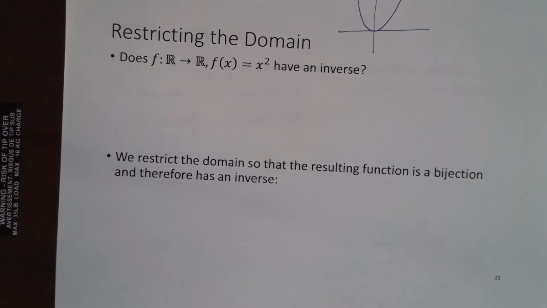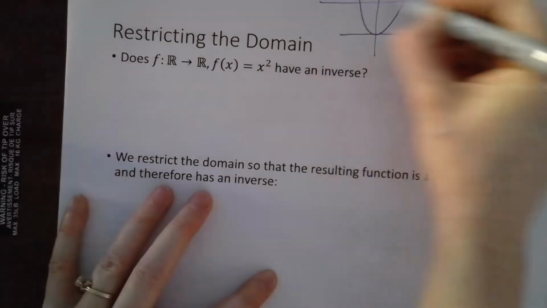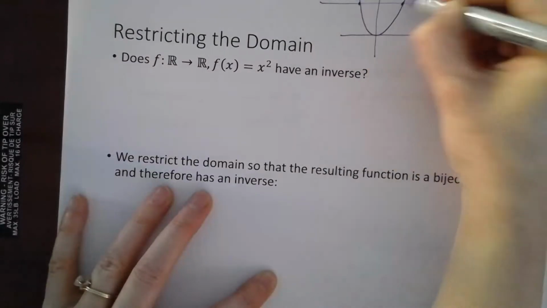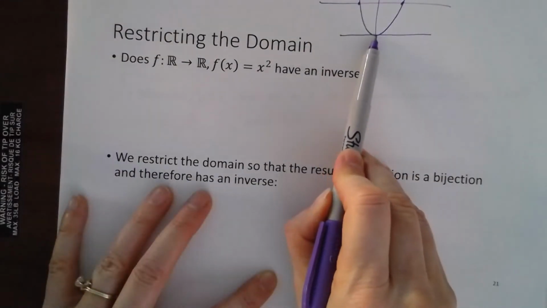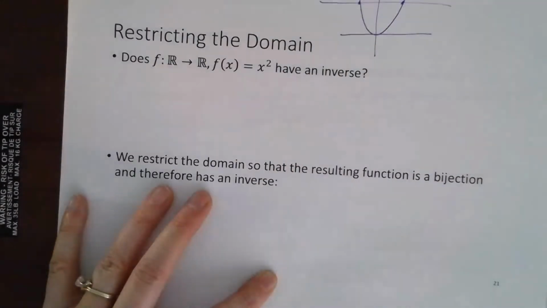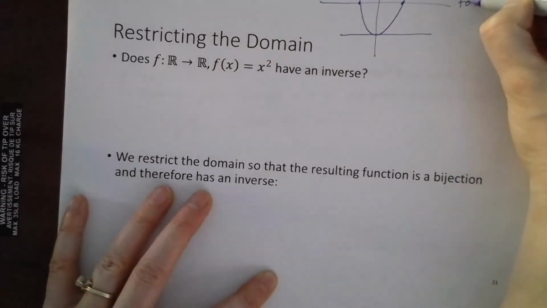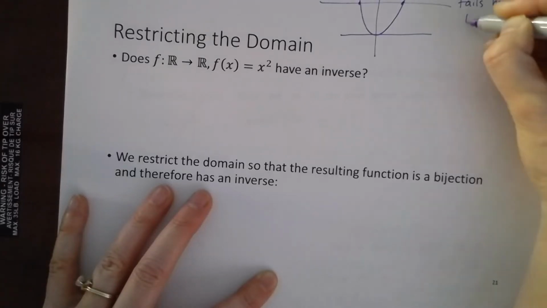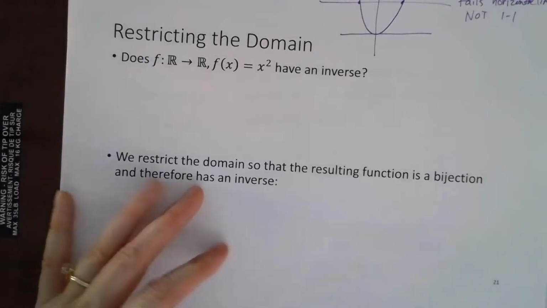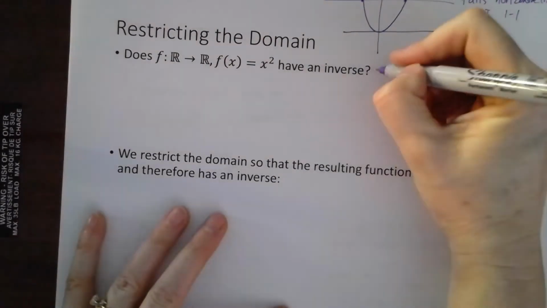It does not pass. You can draw a horizontal line and it hits it twice. The only one that wouldn't hit it twice is the one at the vertex. Every other horizontal line is going to hit it twice. So it fails the horizontal line test, so it is not one-to-one, and so it doesn't have an inverse.